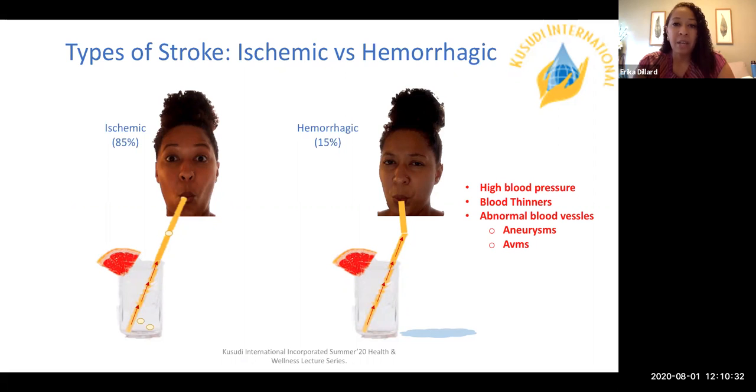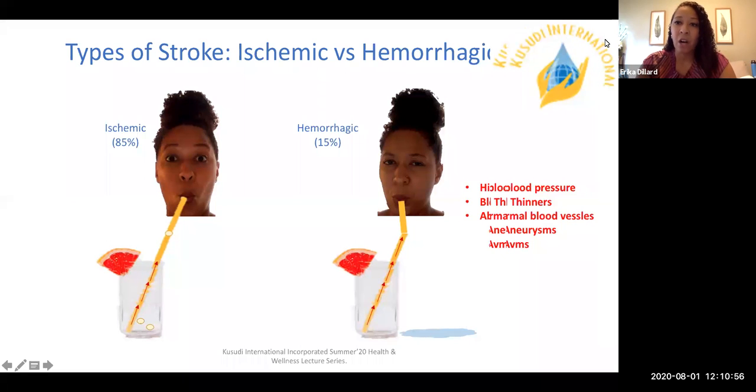In a hemorrhagic stroke, you don't have a blockage such as a clot. Instead, there may be a weakness in the blood vessel that causes an opening to occur. So the blood flows through the artery, but once it reaches that break, it spills out into the surrounding brain tissue and never reaches its destination.